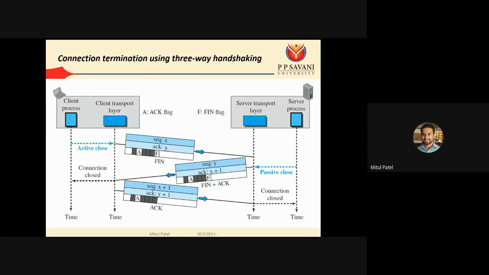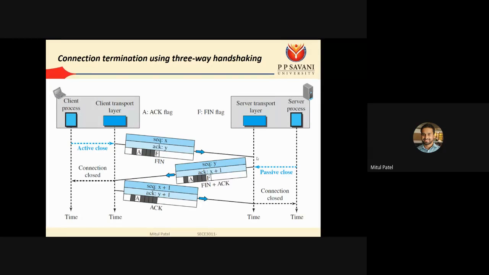For the first packet we can set any sequence number. Let's say sequence number is X, acknowledgement number is Y, and we have to set two flags, the acknowledgement flag and the finish flag. This acknowledgement can be the acknowledgement of the previous data received from the server, and it is the finish, so we have to set the finish flag. Once this is received by the server, by seeing this finish flag, the server can say that this is the packet for connection termination.